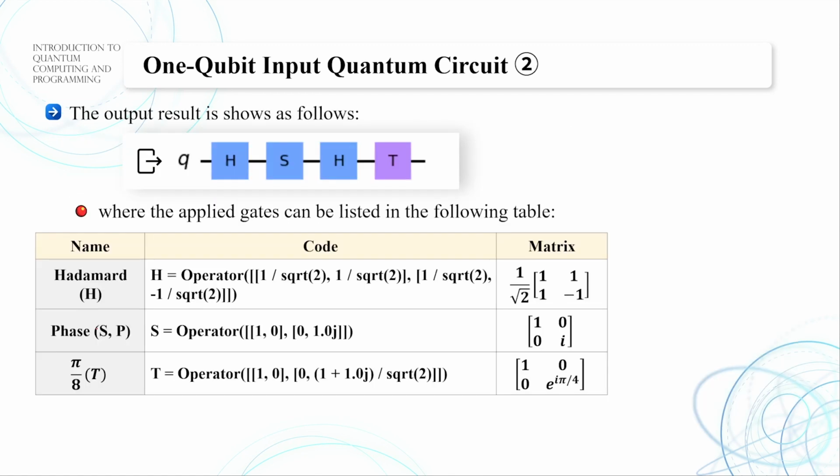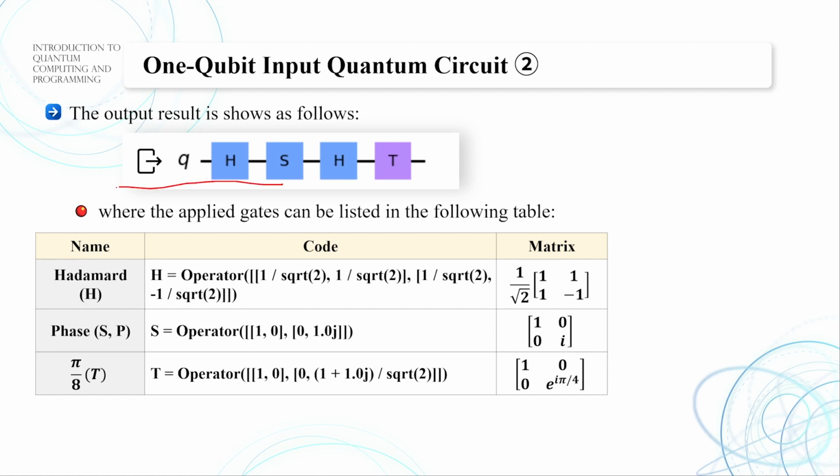So if you see the screen, this is the output result from the circuit after you run it in Colab or IBM Qiskit. Over here you have some detailed explanation: we have a Hadamard, and this gate corresponds to a matrix, and we have the phase gate S, yeah, this is a phase.